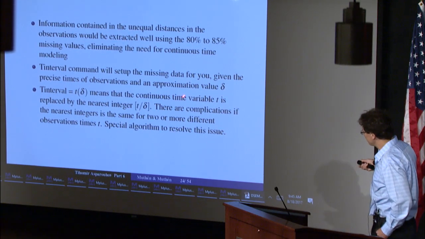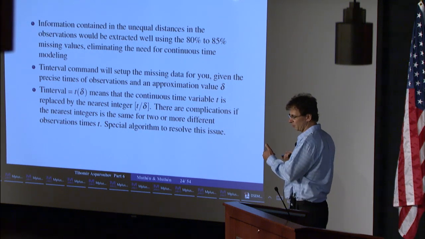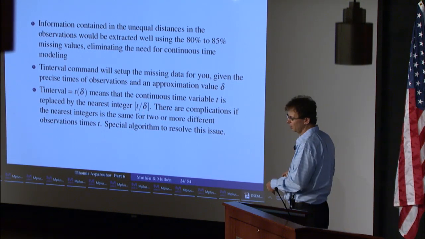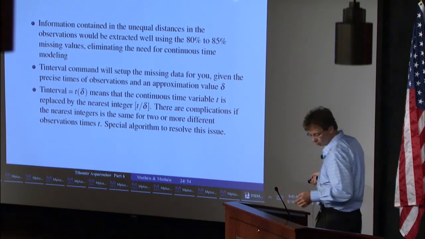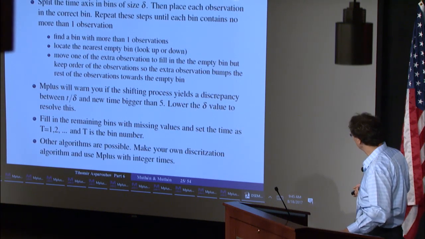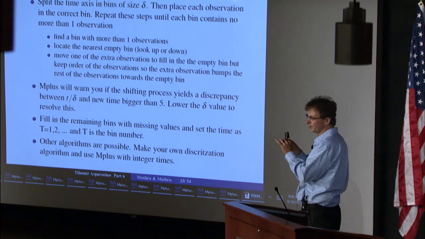There are some complications if you end up with situations where 2 of these observations yield the same nearest integer. You can't have 2 observations taken at the same time, so we use a little ad hoc algorithm to resolve that, which essentially looks for the nearest empty bin.